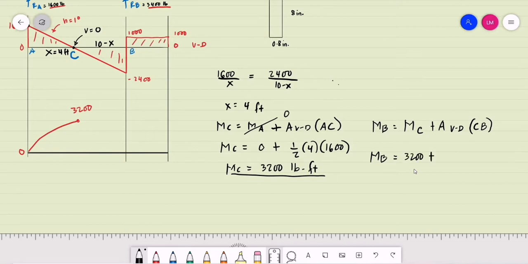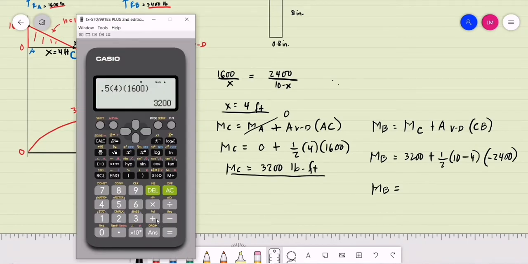3,200 plus that area, which is 1/2 of the base, 10 minus x.